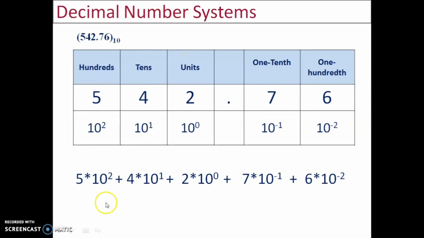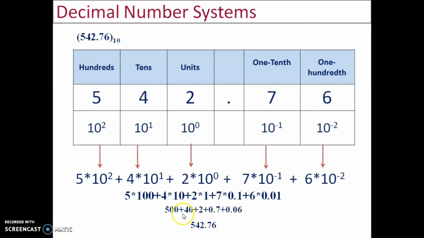Multiply each digit with its position: 5 into 10 square, 4 into 10 to the power of 1, 2 into 10 to the power of 0, plus 7 into 10 to the power of -1 and 6 into 10 to the power of -2.